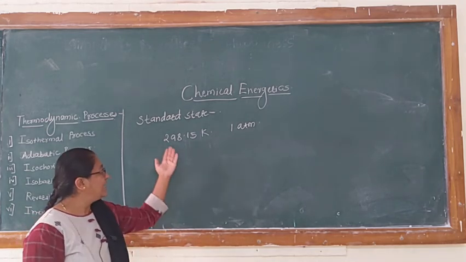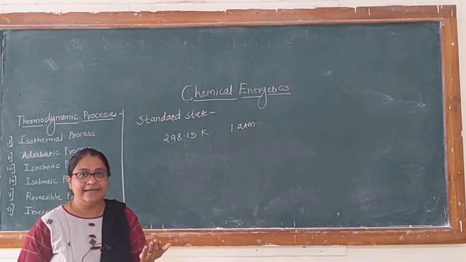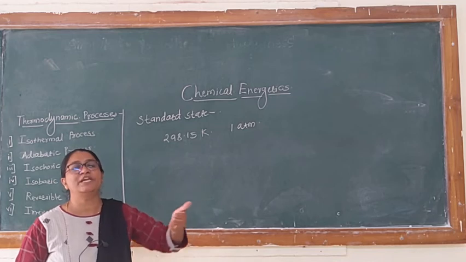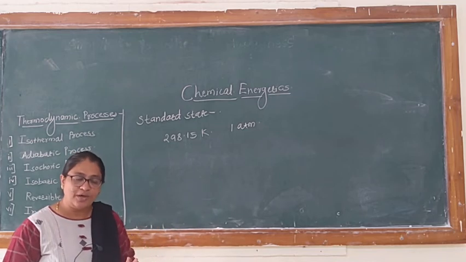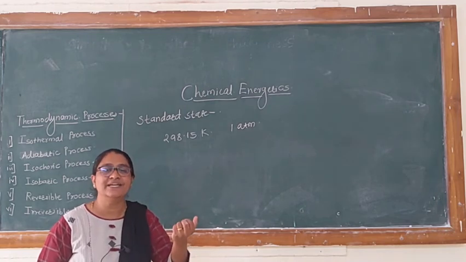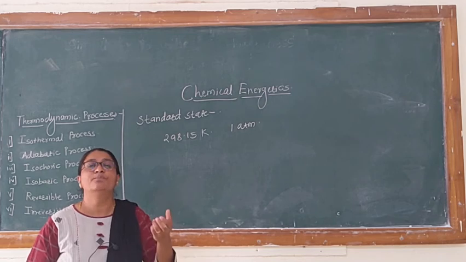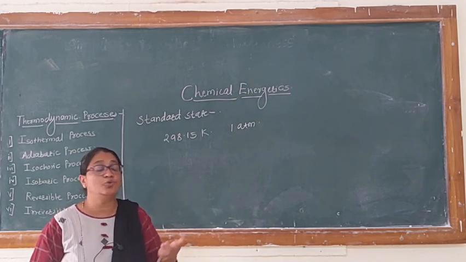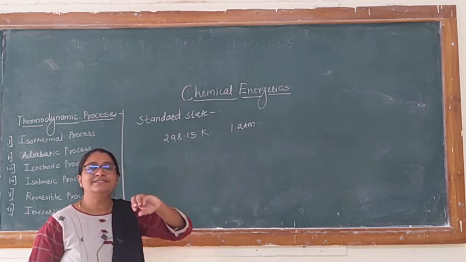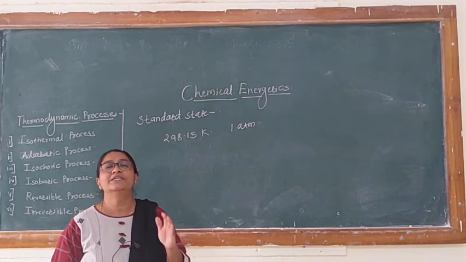Bromine at this temperature is present in the liquid state as Br2, and its enthalpy is taken to be zero. So the elements present in nature as H2, Br2 at the standard state have enthalpies taken to be zero.